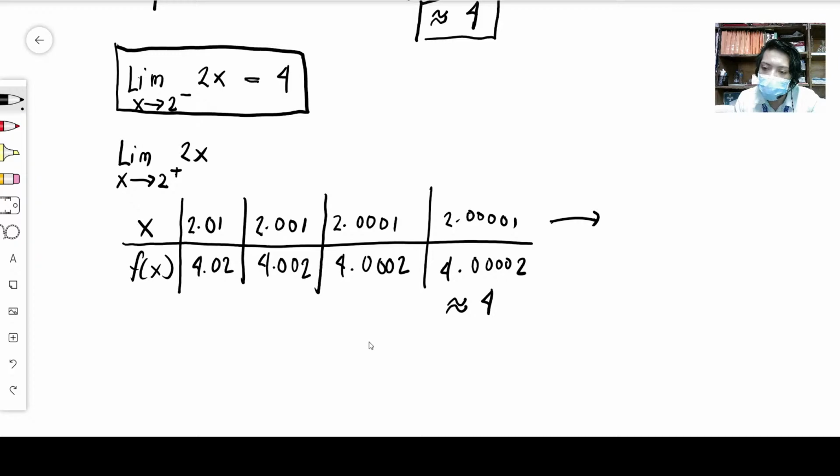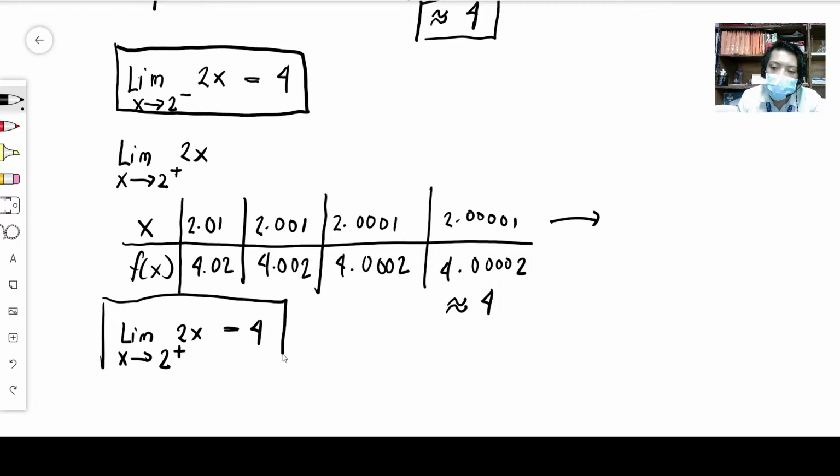So meaning the limit of 2x as x approaches 2 coming from the right is equal to 4. And this right here is what we call the right hand limit.